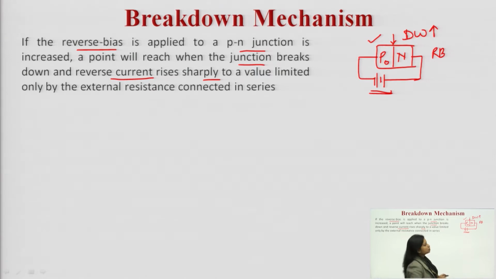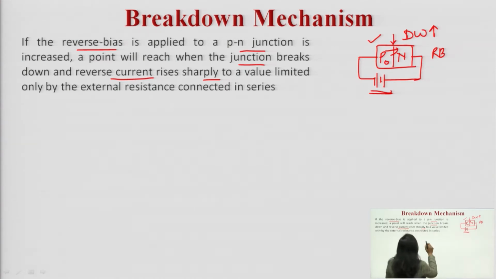Electrons are the minority charge carriers, while in case of n, the minority charge carriers are holes. Though majority charge carriers are moving away from the junction, there will be a movement of the minority charge carriers across the junction. Now, current flows in this situation because of the minority charge carriers, and that current is known as leakage current.